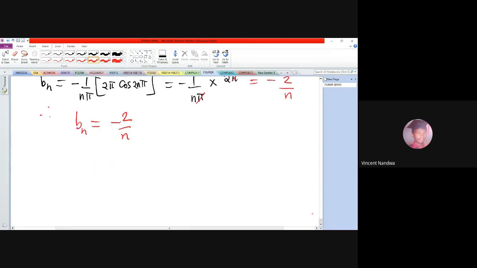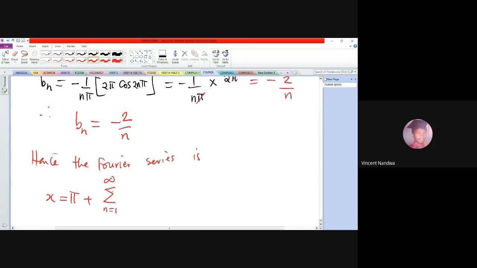Now, using the values of a naught, an and bn, the Fourier series becomes, for our f of x equals x, a naught over 2. A naught was 2 pi, so 2 pi over 2 is pi, plus summation n from 1 to infinity.